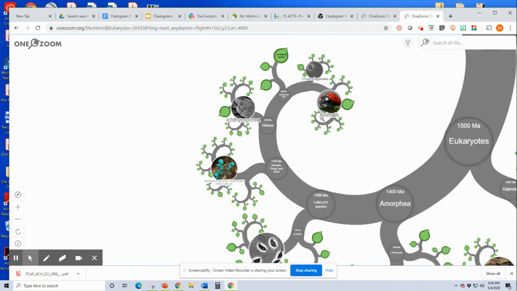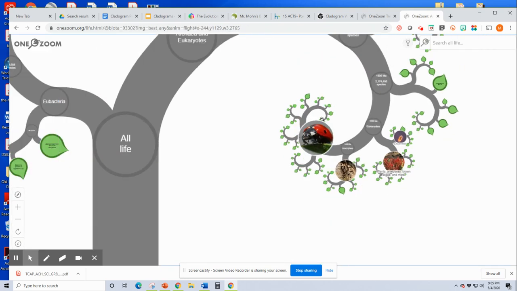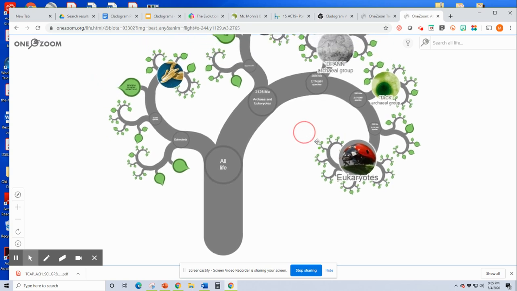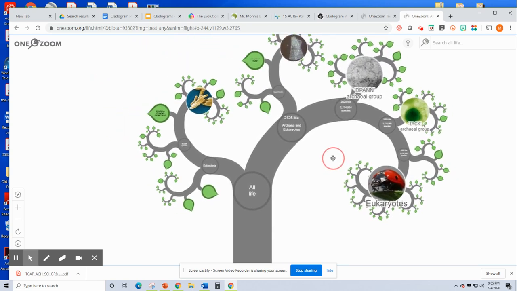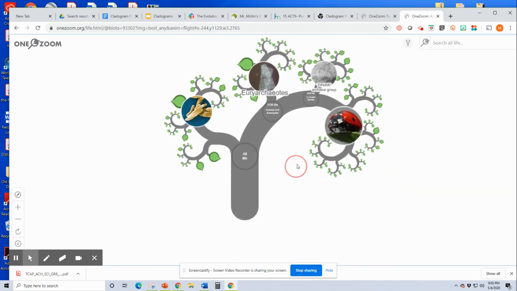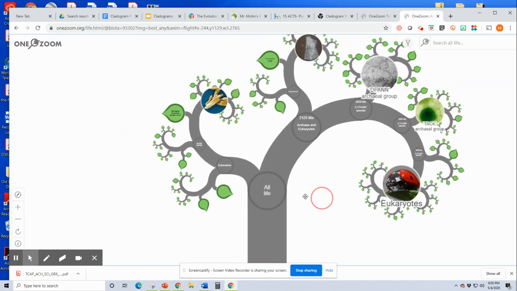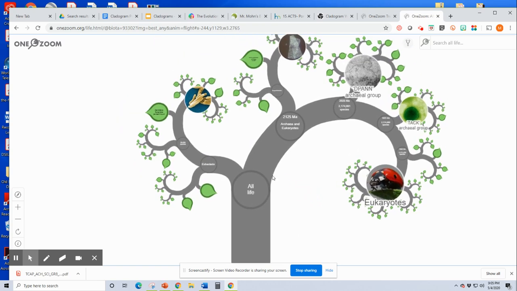You are one species on this planet of millions of species. And if we back our little tree out here, what our tree of life tells us is that there was some living organism at some point in time.